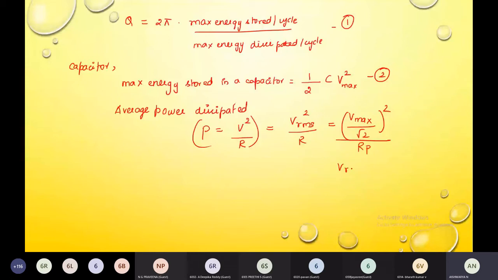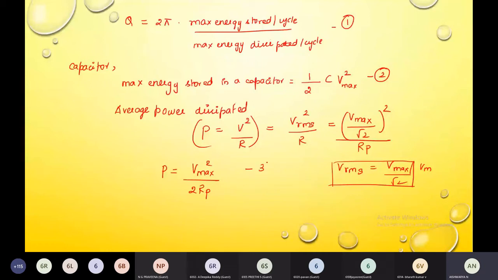I hope you have studied all these things. You can also write Vm by root 2, that's your wish. So from this, I can write my average power, which is equal to V max square by 2 Rp. So this is your third equation.